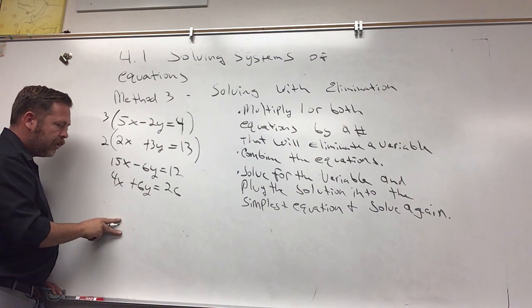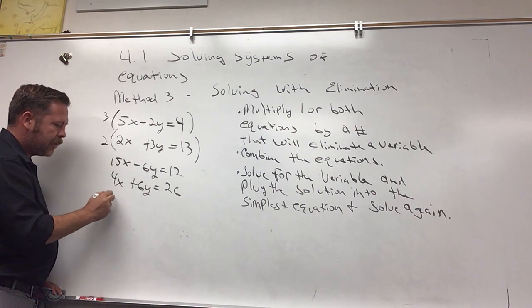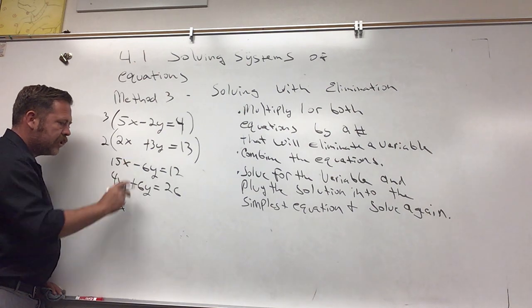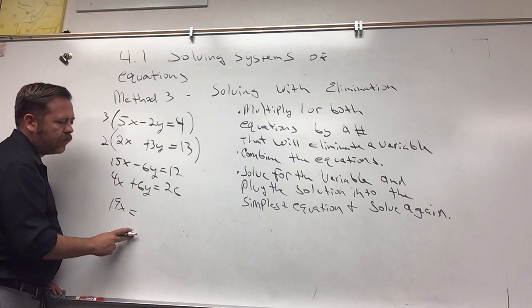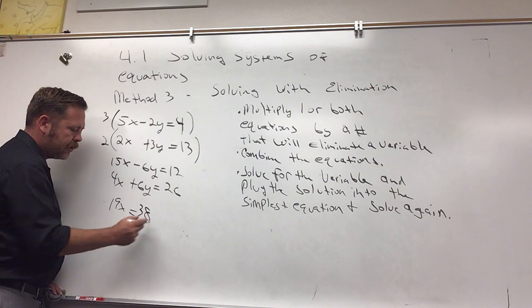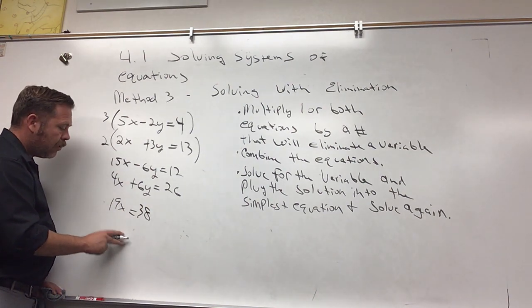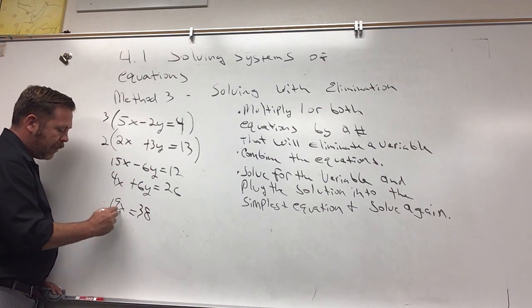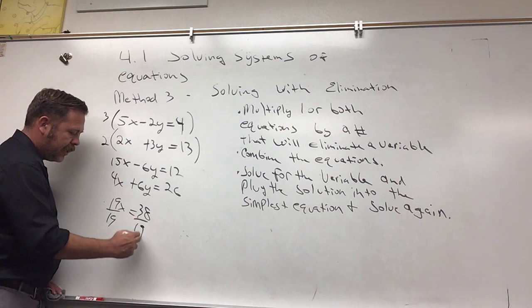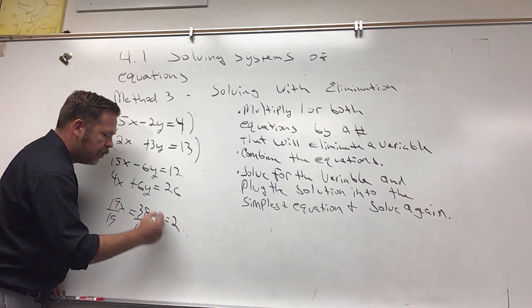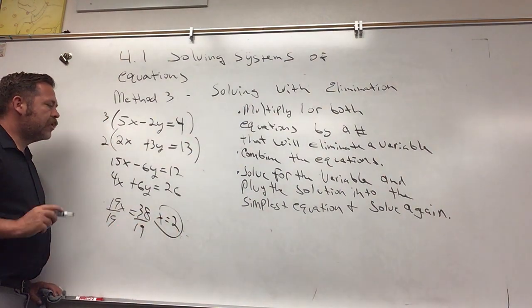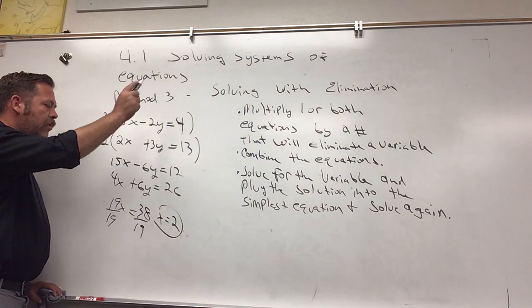When I combine the two equations, 15x plus 4x is 19x. The y's are going to go away. And that is equal to 38. Now, I can solve for x, divide by 19, x equals 2, and now I'm ready to plug 2 into the simplest of the equations.